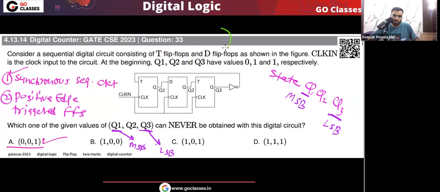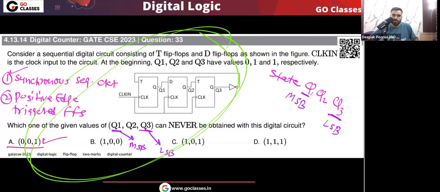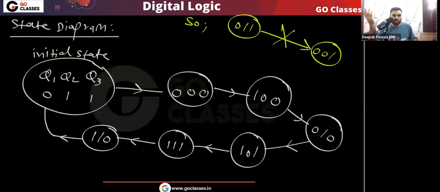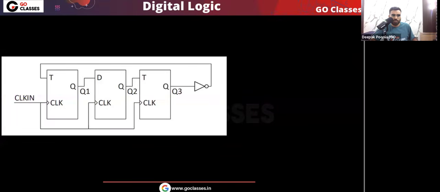Means first you write all the possible present states, then you find for each possible present state what will be the next state. Remember, we have already solved this question. The answer is 0, 0, 1. But there is a more efficient method to solve this question. So let's see that efficient method.